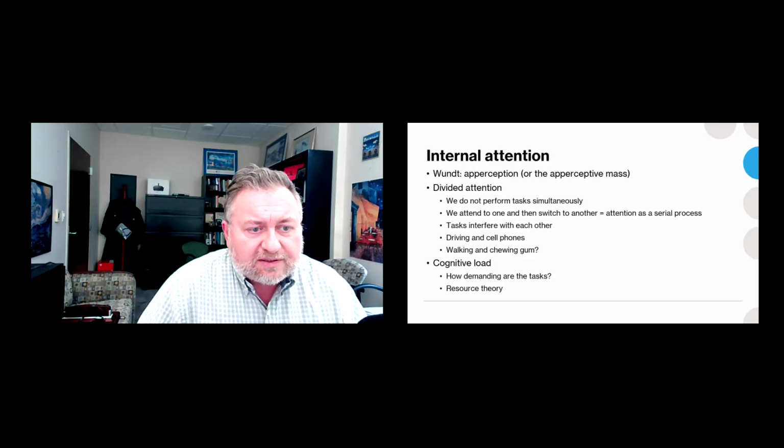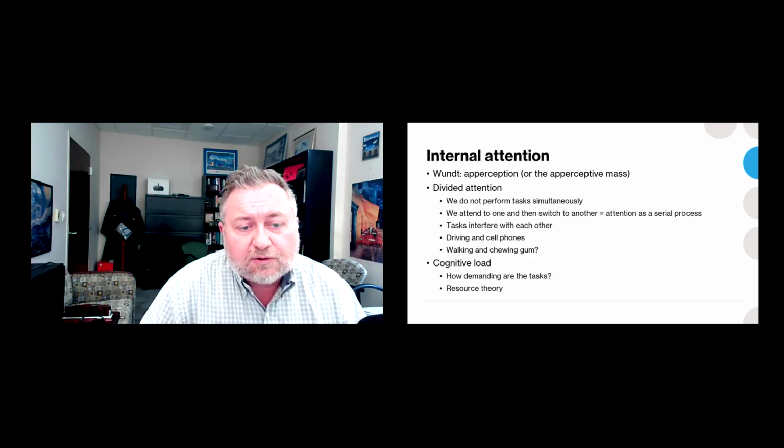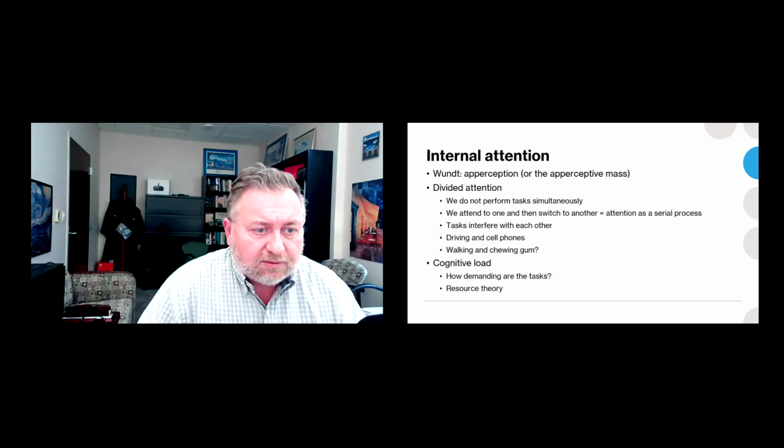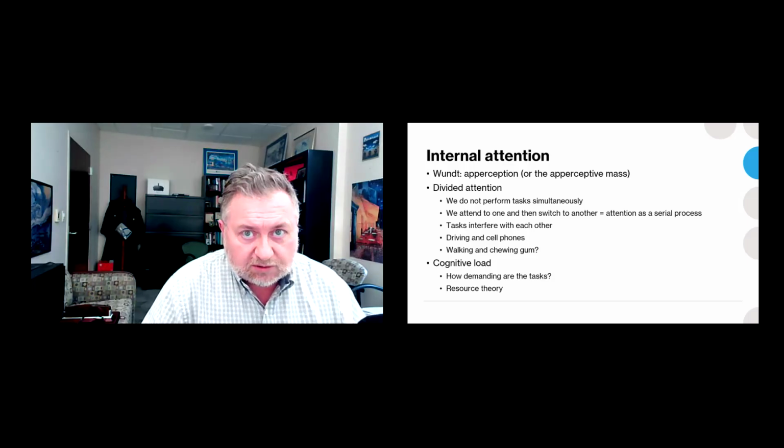So, what does that have to do with internal attention? Well, first, let me just mention this note in reference to Wundt real quick before I move on. Wundt, when describing cognition, described the first stage as perception, in which we bring information in from the world.